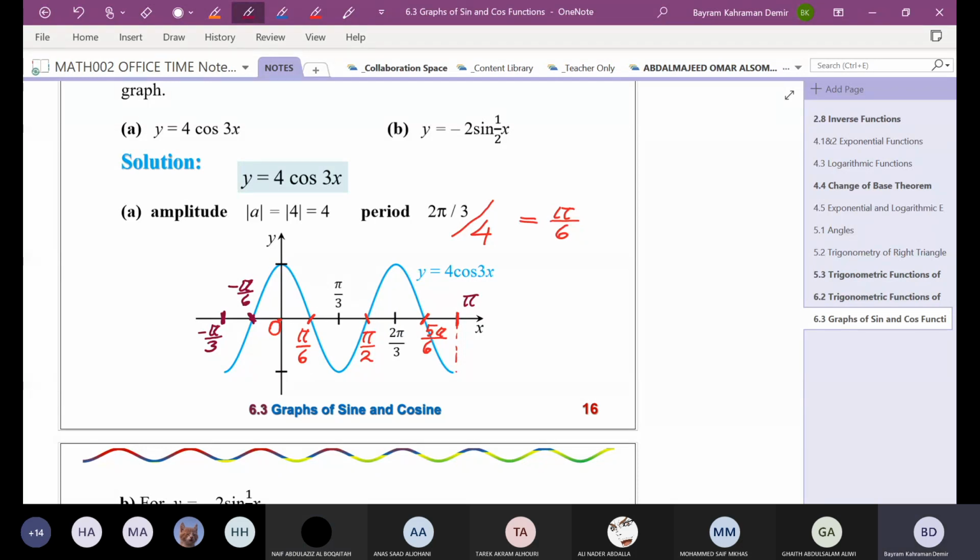Where is the graph above the x-axis? From negative pi over 6 to pi over 6, also from pi over 2 to 5 pi over 6, right? So you must know these points so that you can answer these questions. Well, another question, Shabab. Where is the graph increasing? Who's going to tell me?